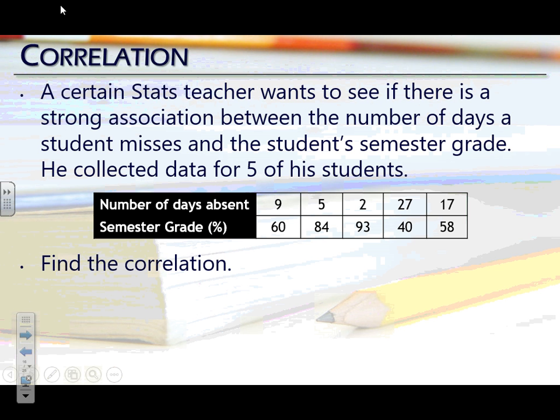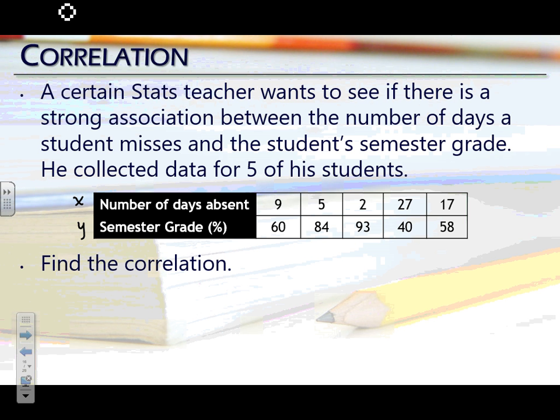We want to find the correlation. Now, if we were going to create a scatter plot here, which of these two variables would we assign to be the explanatory variable? Number of days missed. The response variable then would be semester grade. So number of days absent would be our x value, semester grade would be our y.